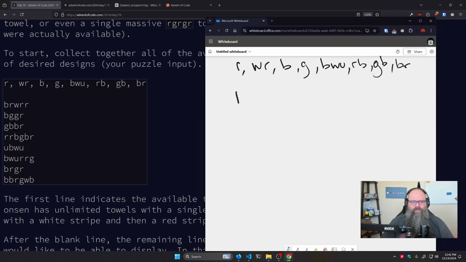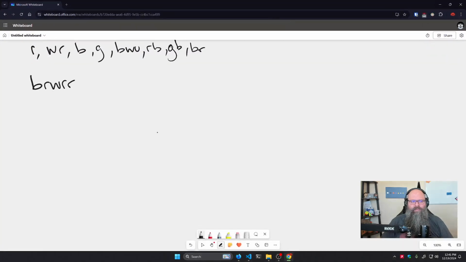And let's just do the first one, BRWRR. Okay, so we already know we can solve that one. But you can imagine just breaking it up. And we want to take kind of an iterative approach to this, right? And so we'll just say, oh, does R solve for the first part of this solution? No. How about WR? No. B? Oh, B does solve for it.